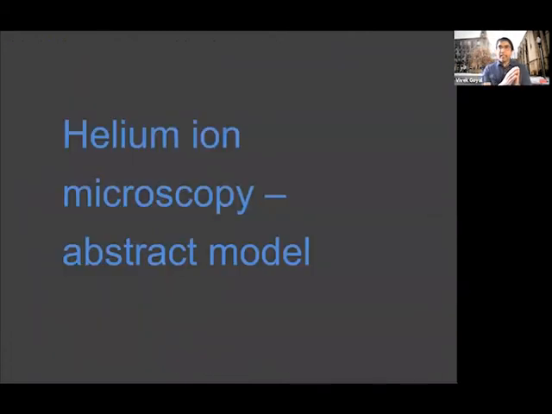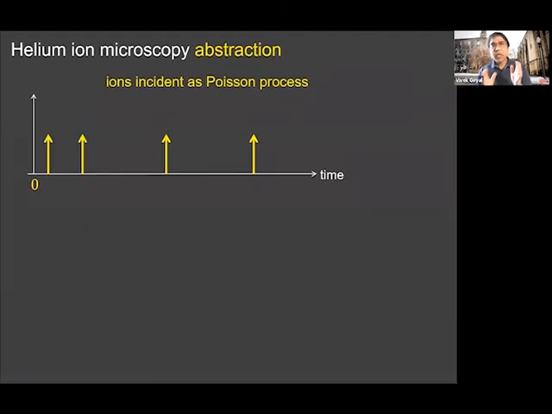So let's see what kind of mathematical model can be generated from this physical description, and then how we might gain some advantage from new ways to process data. So we again have Poisson processes. We're going to look at the ions incident on the sample as a Poisson process.